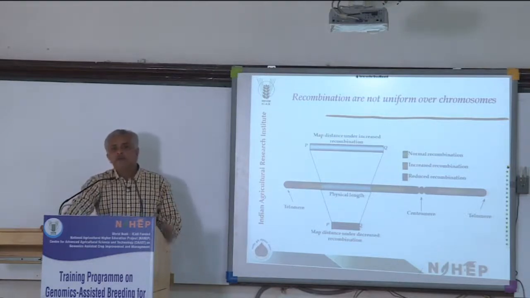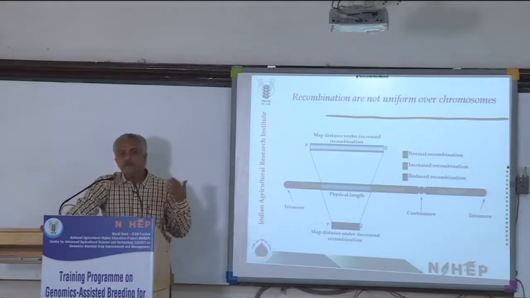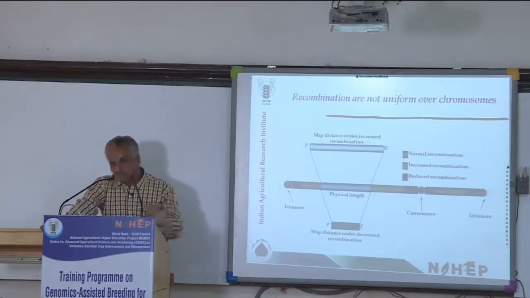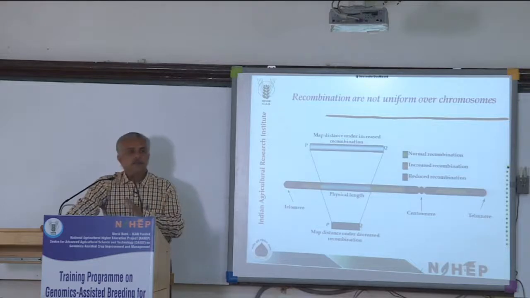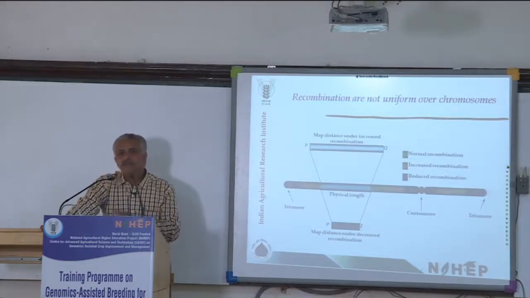Now, for this, there is no straightforward solution other than sequencing. If you sequence, you can get the physical length. If you look at the recombination fractions, there is no straightforward solution.